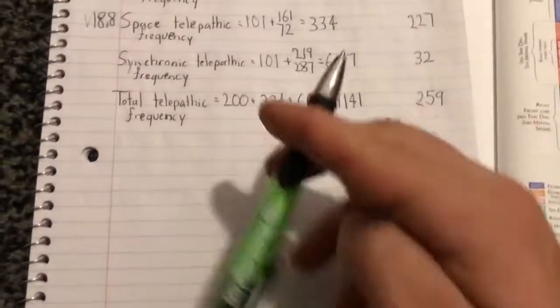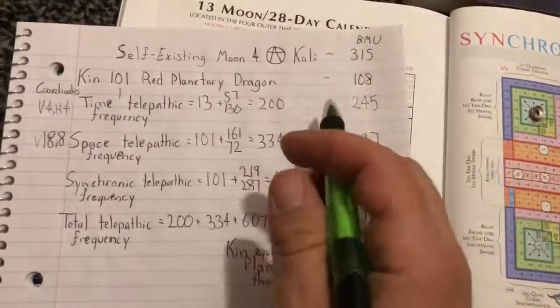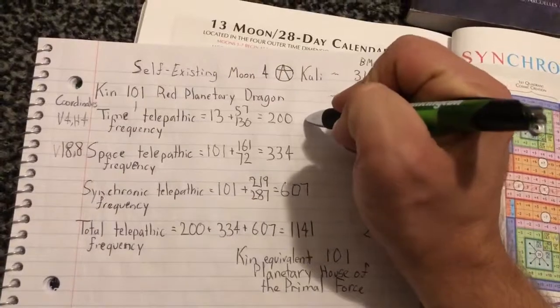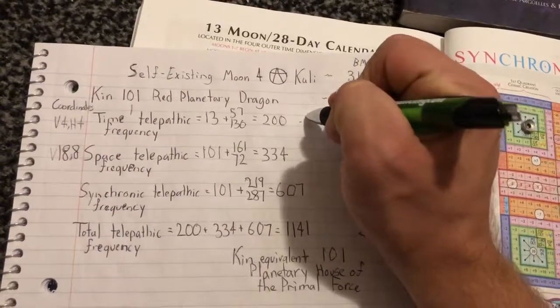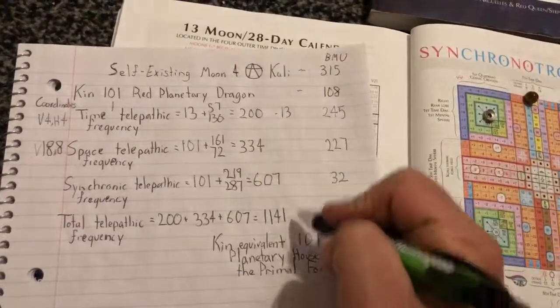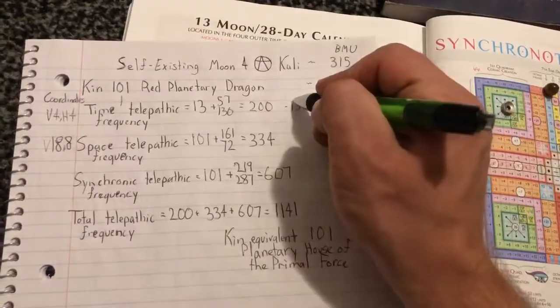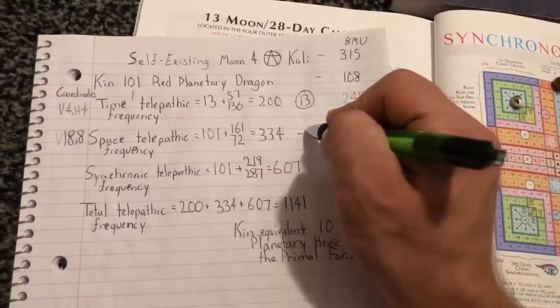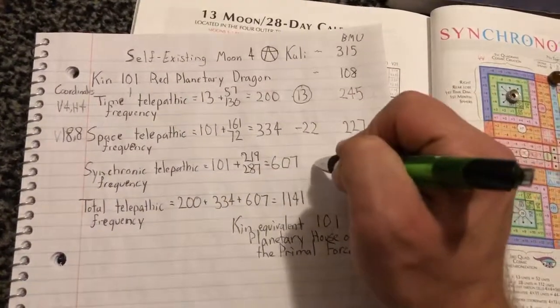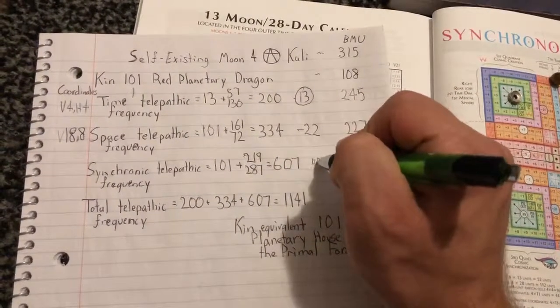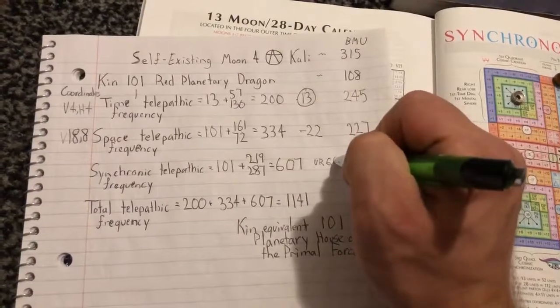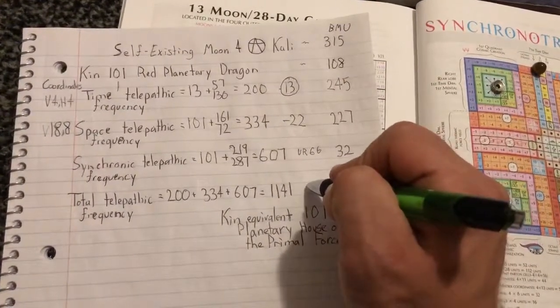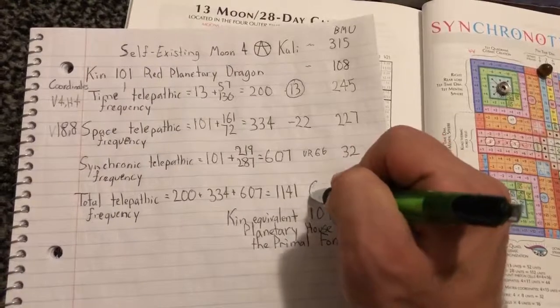So we have the telepathic frequencies, and then what they are on the Hollow Mind Perceiver. So that's 13. I shouldn't put that dash there, it makes it look like a negative. Negative 22, UR rune 66, and 39.